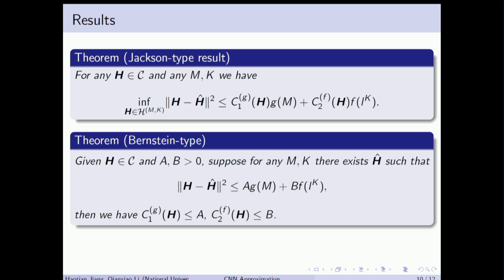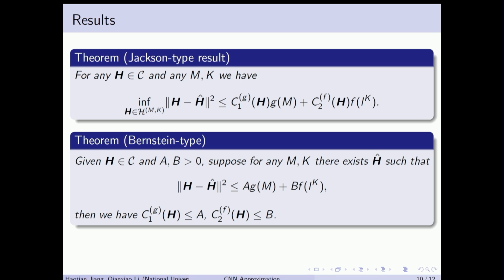The two complexity measures define the decreasing speed of this error bound. Given this, we want to ask: is this error bound tight or not? That is, will the error decay faster than this bound?